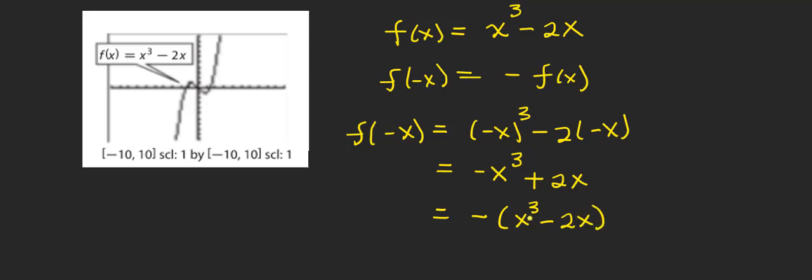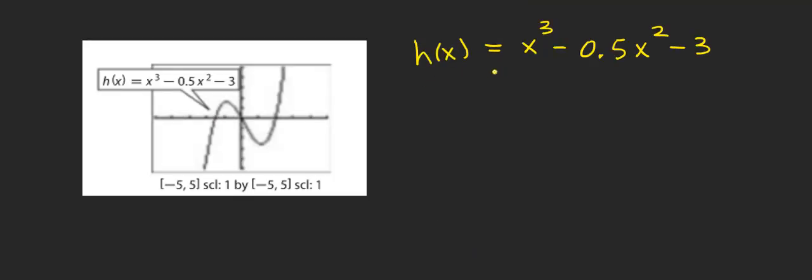And notice, this is exactly the opposite of this right here. So we do indeed get negative f of x. Therefore, we showed that this is an odd function, since when we plug in negative x instead of x, we got the opposite of f of x.